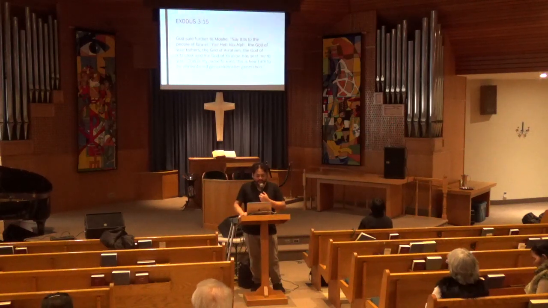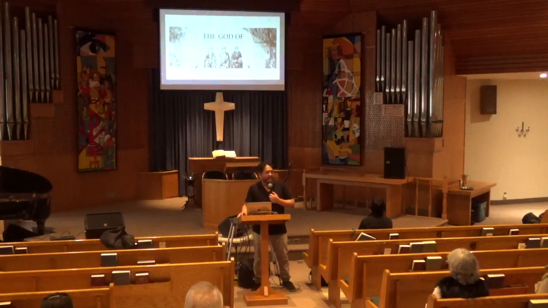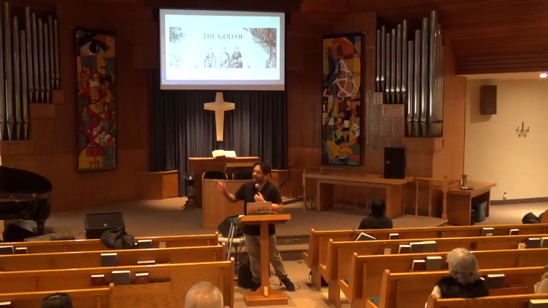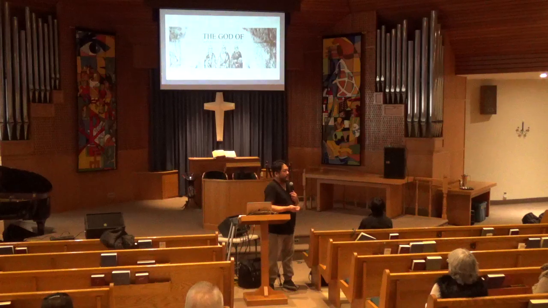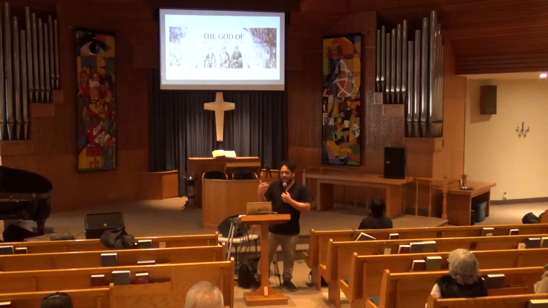So there's a designation. This is my name forever. This is how I am to be remembered, generation after generation. The God of Abraham, the God of Isaac, and the God of Jacob. Why? Let's look at this today. There's another group of people who believe in the God of heaven.